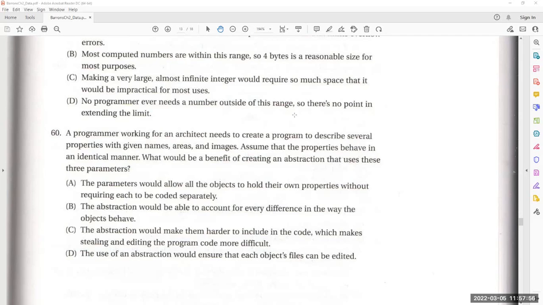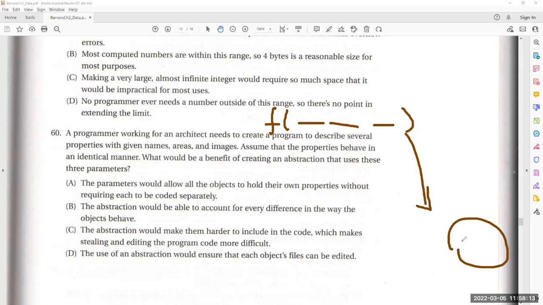So let's assume that you create a function, and the function can provide name, area, and image, and you can generate some work. Okay, so basically we need this abstraction so that you can handle it more easily.